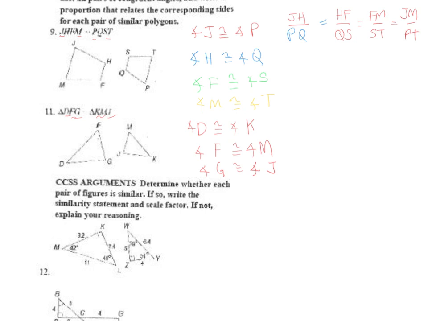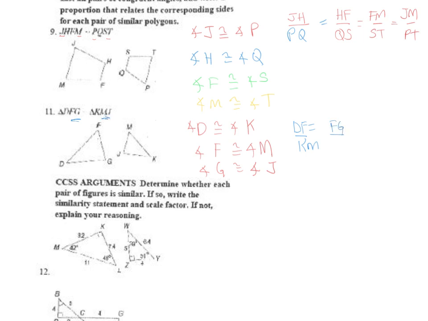And if we look at the sides here, we're going to be able to say that if we start here, I'm going to start with DF. Erase it, doesn't look like a D. DF. And that would be to KM. And that is going to equal, if we use next, FG.